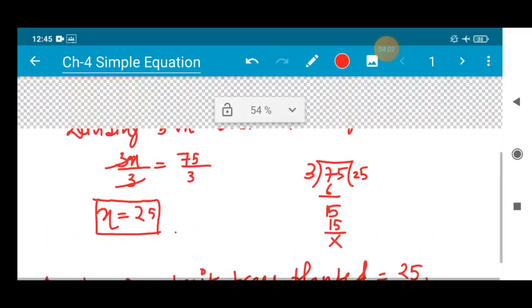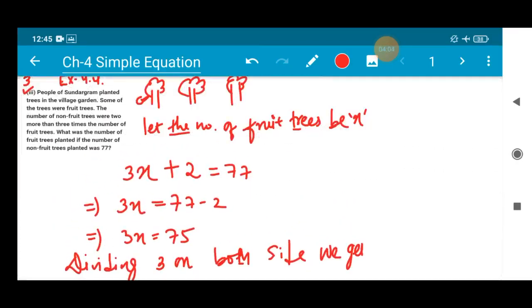You just have to understand the statement. They have said that the number of non-fruit trees, that means the total, is 77. They have given the words 2 more, that's why plus 2 is there, and 3 times the number. You can write this in this form also. Don't get confused. Just make it very simple, frame the equation, get the value.